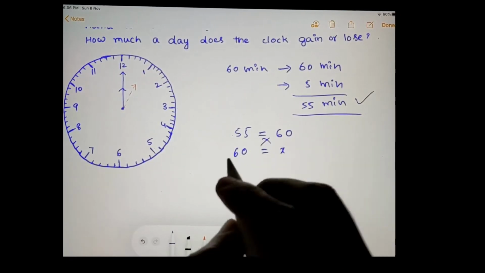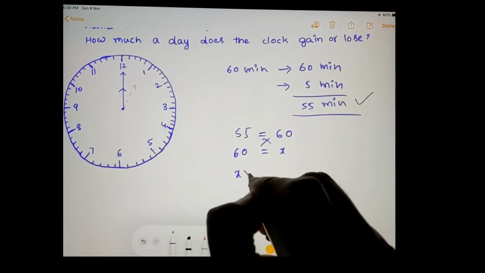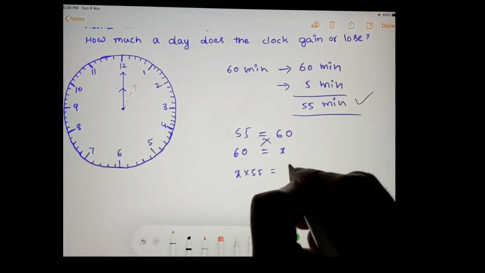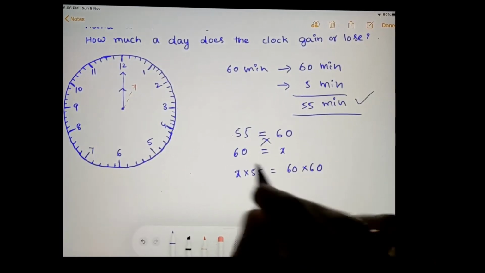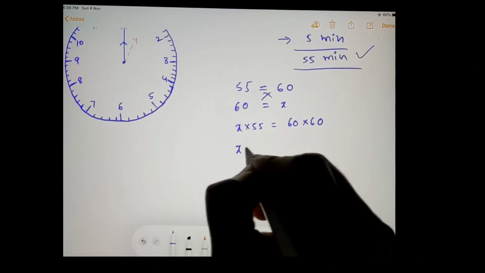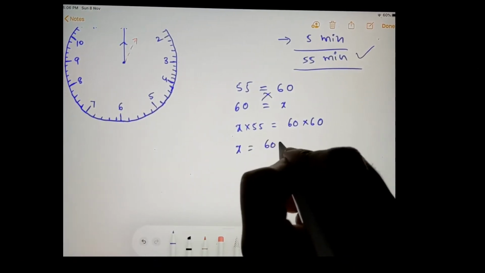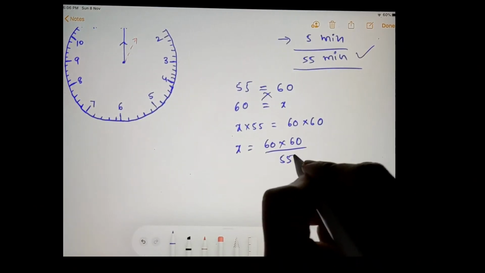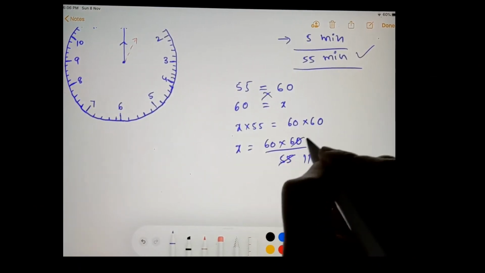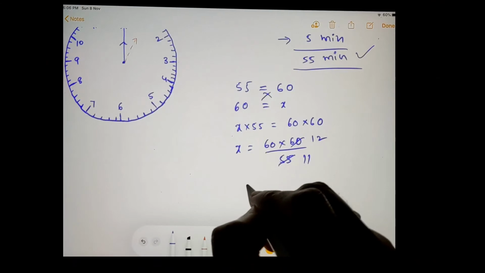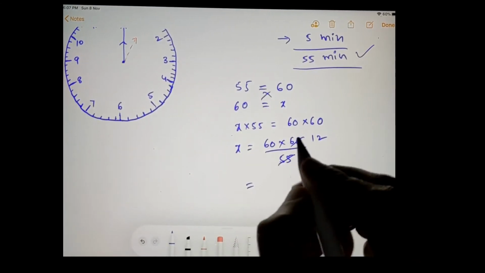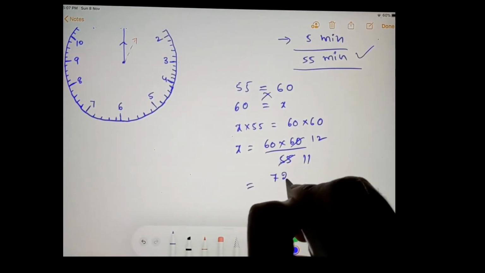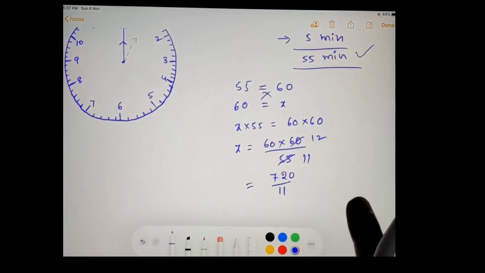Let's do the cross multiplication. x into 55 is equal to 60 into 60, and x is equal to 60 into 60 by 55. 5 11s are 55 and 5 12s are 60, so 60 into 12, that is 720 by 11.